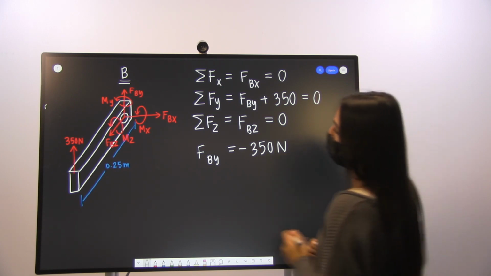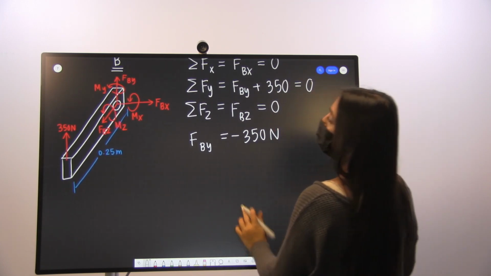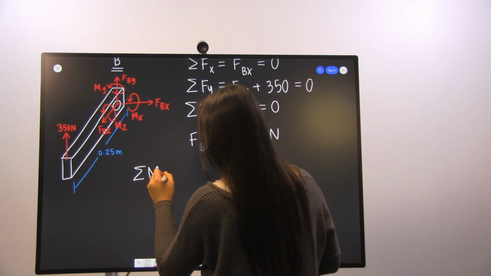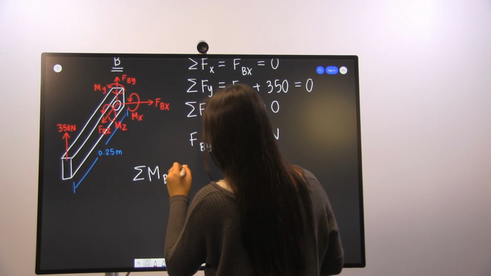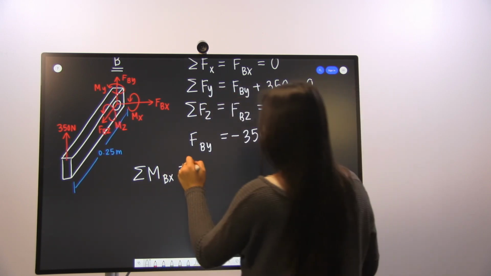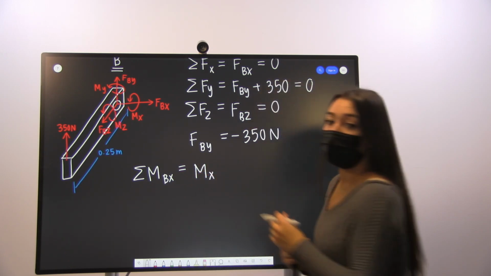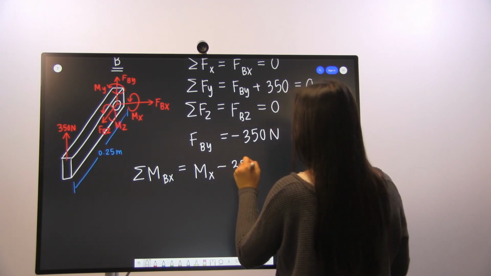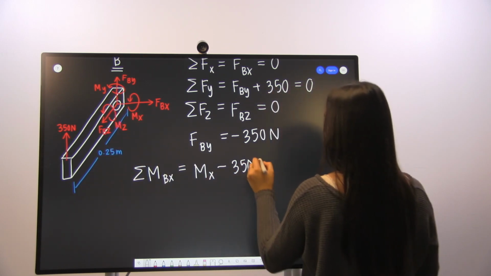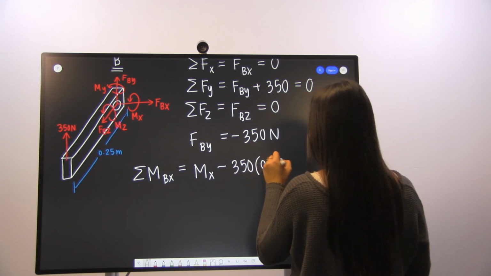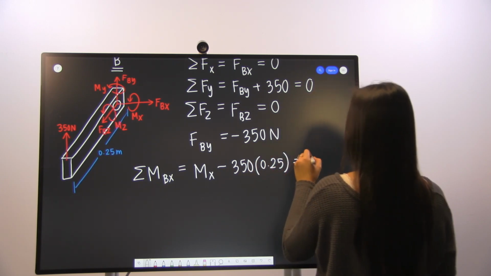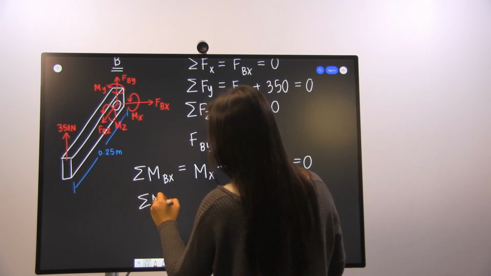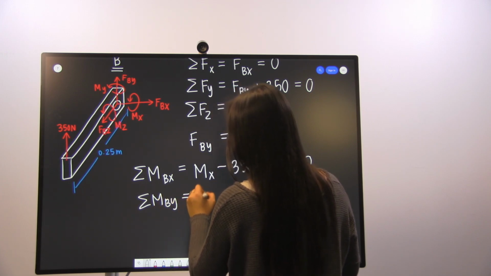All right, our next step is going to be to solve for our moments. For summing the moments at point B in the x direction, we're going to have our Mx, and we're going to subtract our 350 Newton force acting 0.25 meters away from our point of interest. And again, that's going to be equal to 0. For summing our moments in the y direction, we're going to have My.